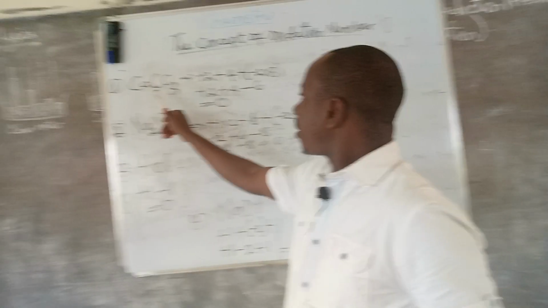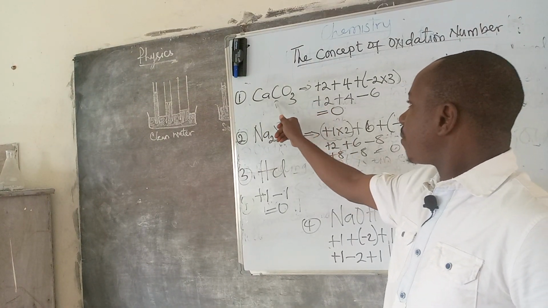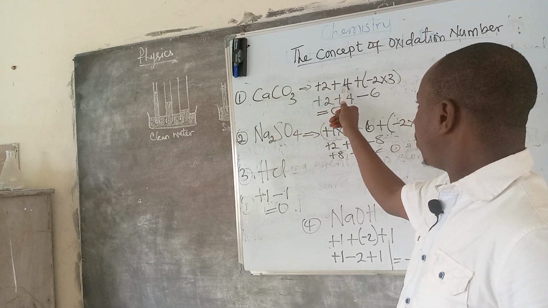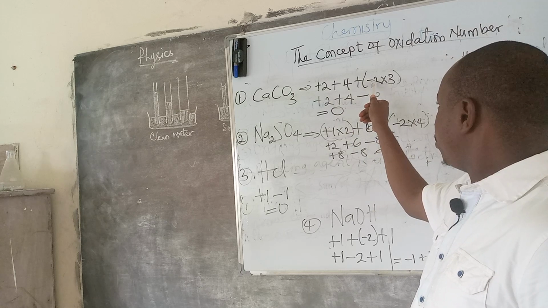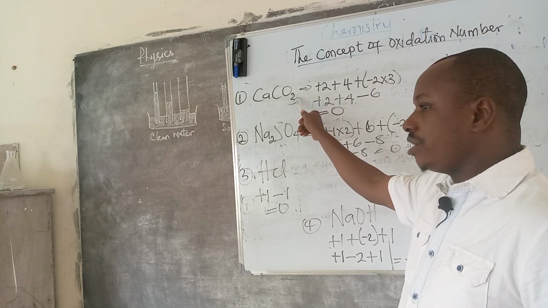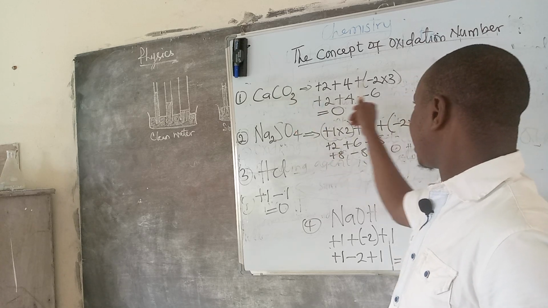The oxidation number of calcium is +2, the oxidation number of carbon is +4, and that of oxygen is -2. We have 3 oxygen atoms, that is why I multiply -2 times 3.